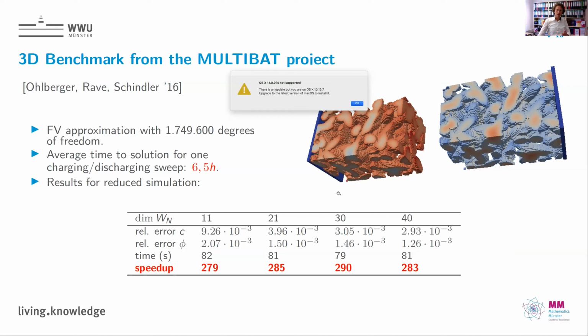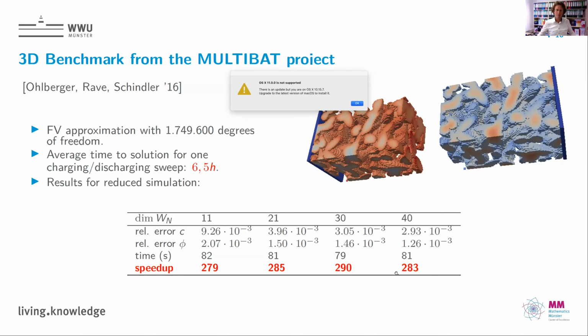If you apply this model order reduction technology, then you see here that you can bring down the computational time to 1.5 minutes. This is what we obtained here, which means you have a speed up factor of about 280 with respect to the full order model simulation.